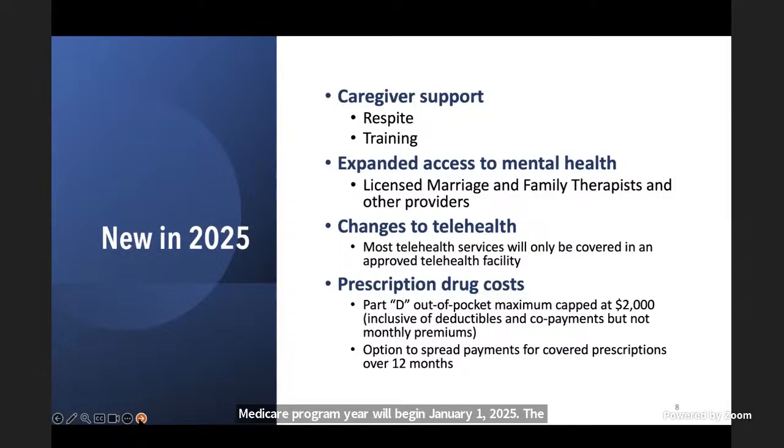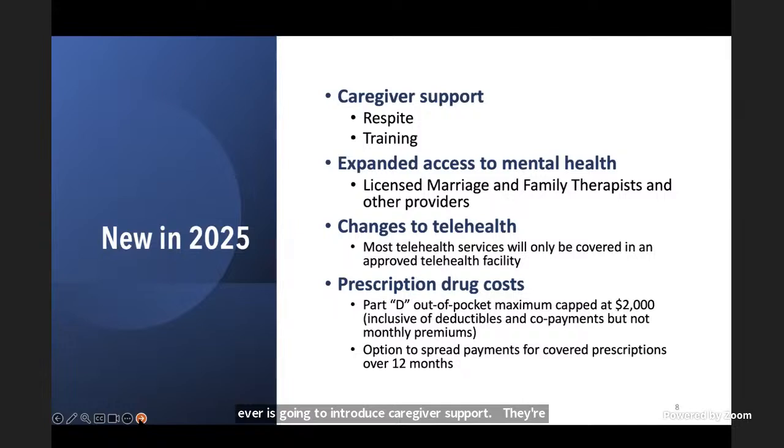And this slide is some of those main things that will go into effect after the first of the year. So, Medicare, for the first time ever, is going to introduce some caregiver support. They're going to introduce a respite benefit for persons in hospice.